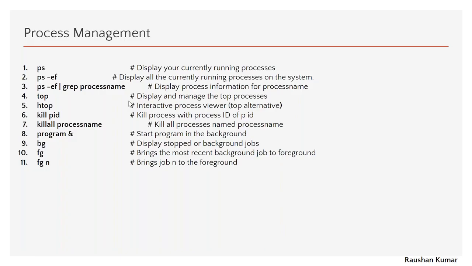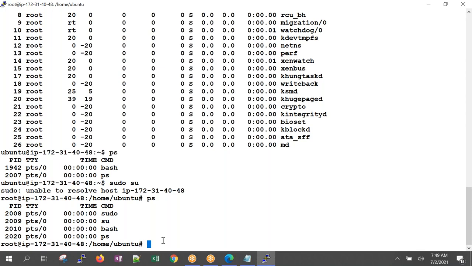So you can filter it out. If you have Java installed, I don't have Java installed here, if you type jps, it's for Java processes. It will show you all the Java processes running.